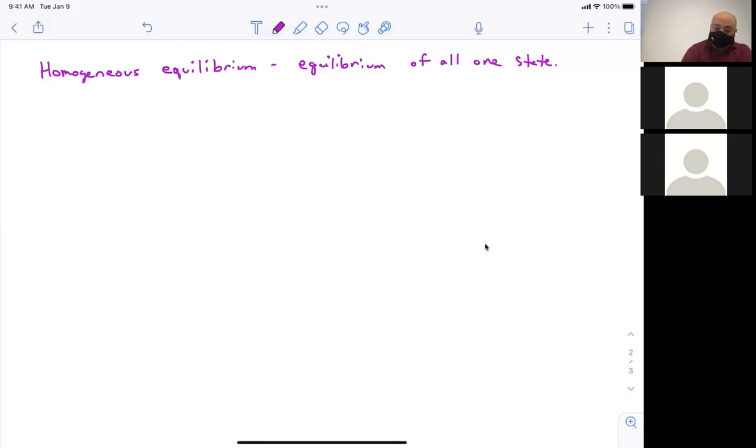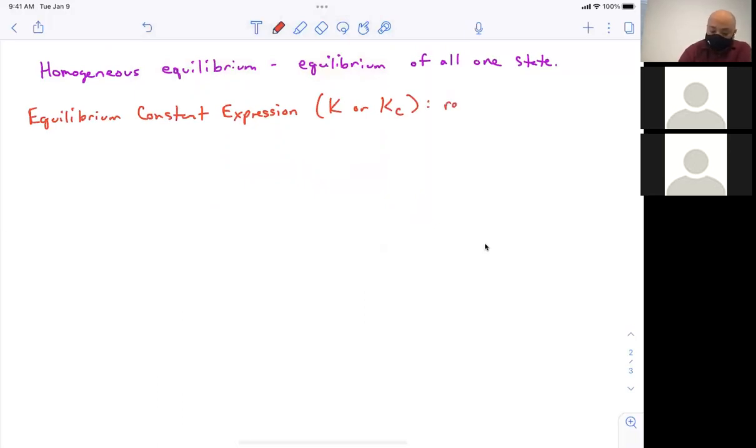And so what that means is that when you establish what we call the equilibrium constant expression, which we call K or Kc here, the equilibrium constant expression represents the ratio of products to reactants at equilibrium.